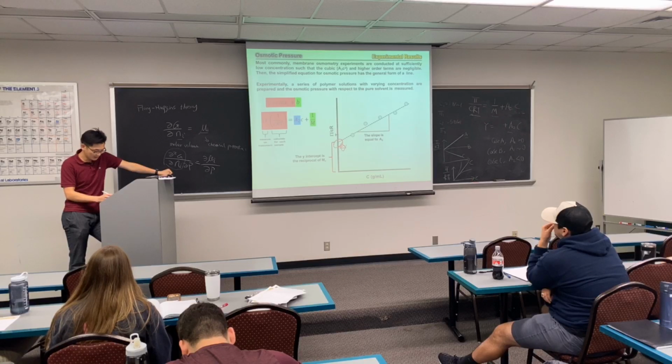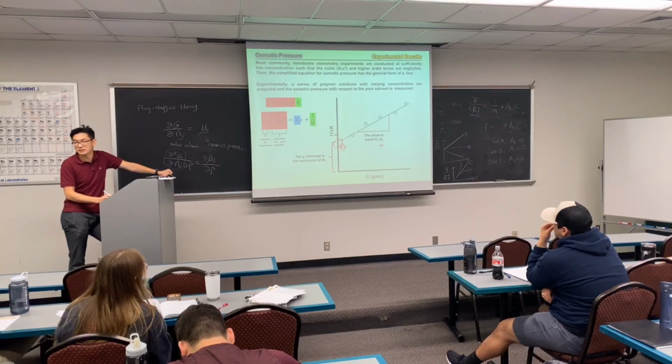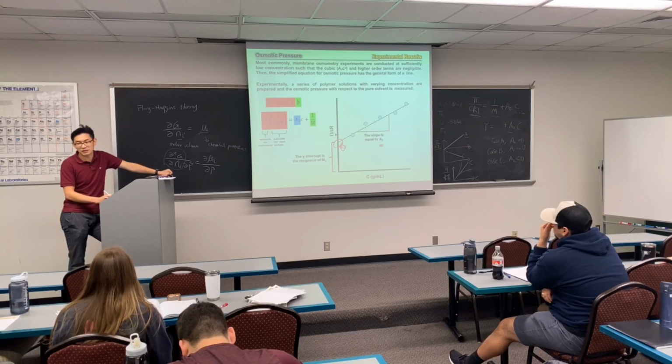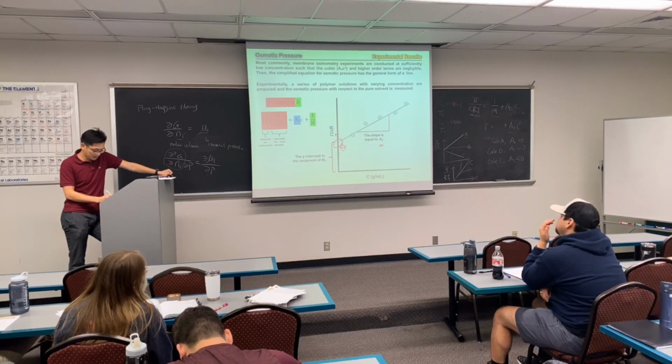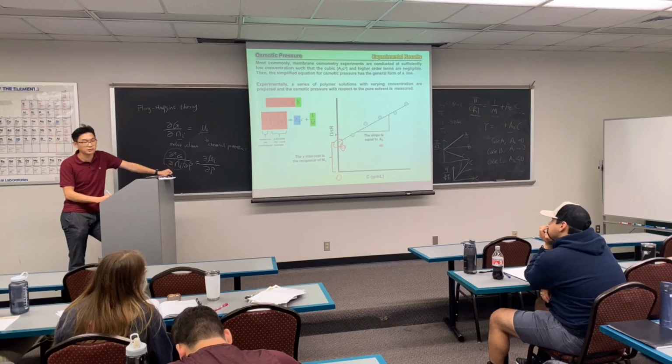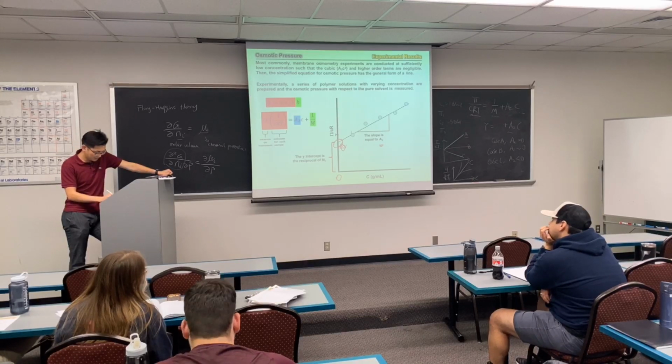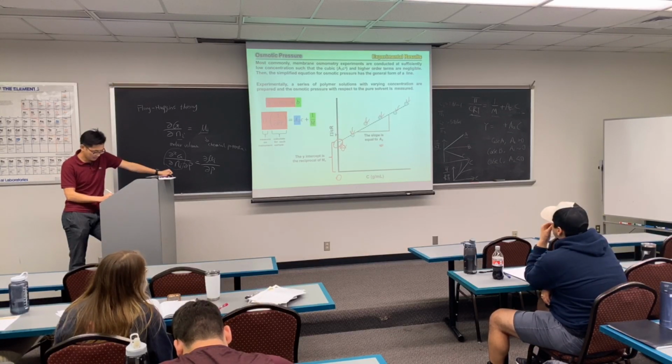The slope we already talked about, it's A2, the second coefficient. It will tell you solvent quality. But because you cannot measure at concentration 0, this point you are never able to get. But you can measure this point, this point, this point, then make a linear extrapolation. And this would intercept the y value. You can read your axis and get this value and convert it to the molecular weight.